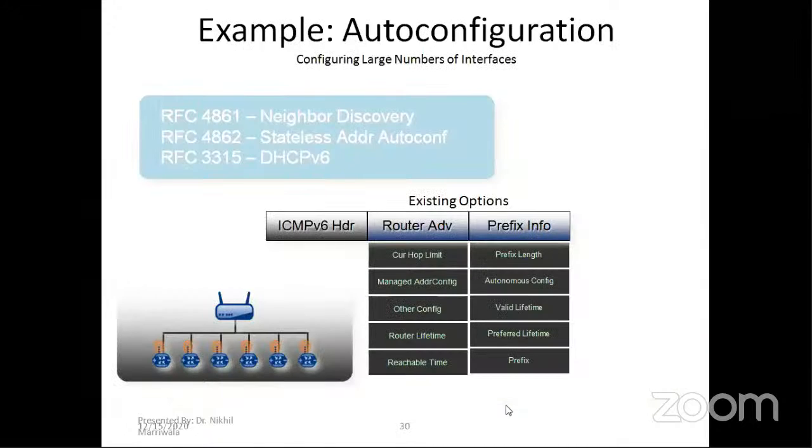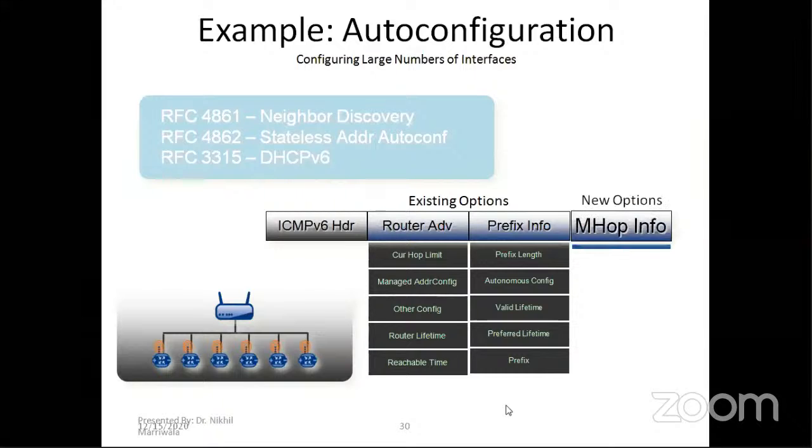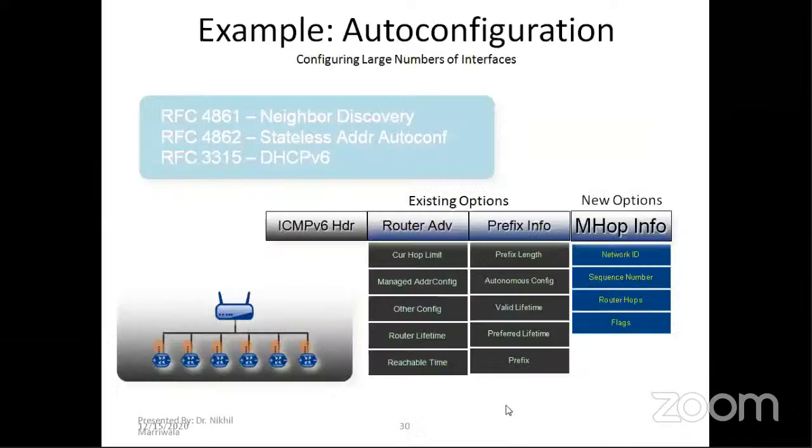So, an example of auto configuration. If you can see, this particular diagram talks about the IPv6 header, the router address, the prefix info, and the multihop info, right? So everything is there, and stateless address autoconfiguration is specified by RFC 4862.